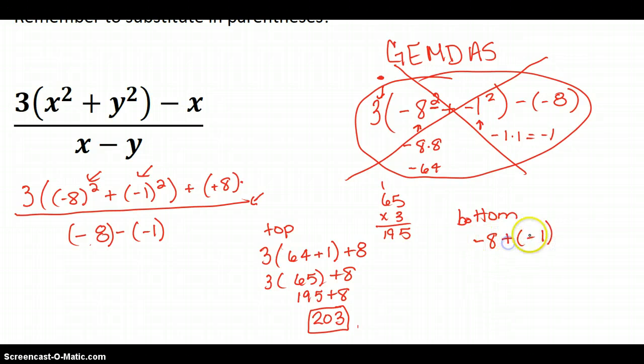So I'm going to add that, and I get that this is -7. So when I bring it together, I get 203 over -7, or the negative can go out in front. Remember, there's no divisibility law for 7, so I always check these on my calculator. 203 divided by 7. Look at that. 7 does go into 203, so it is -29.